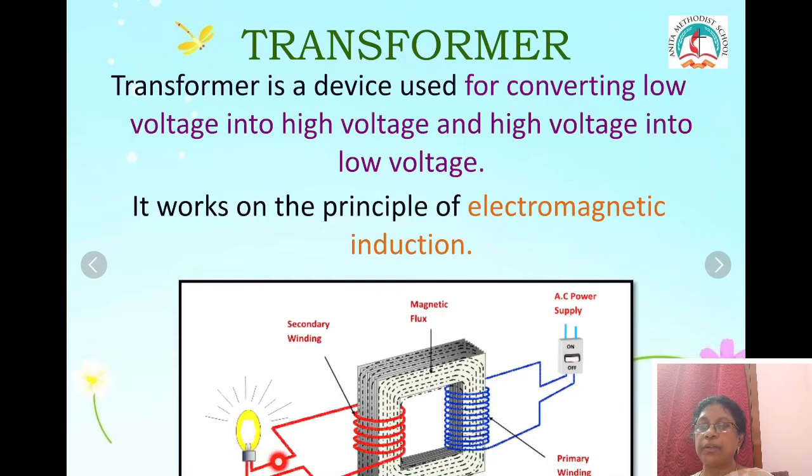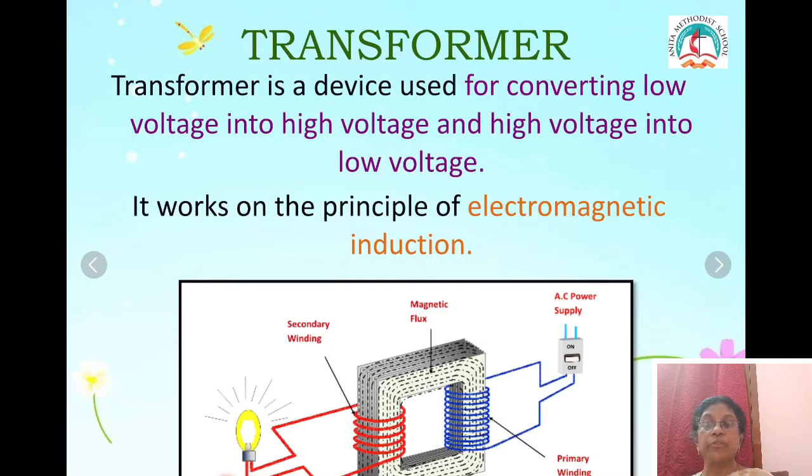So the output is received on the secondary side. The input is given to the primary coil, and as current flows, a magnetic field is produced. That magnetic field induces a current in the secondary coil, which is connected to the bulb, and the bulb glows. So this is the working of a transformer.